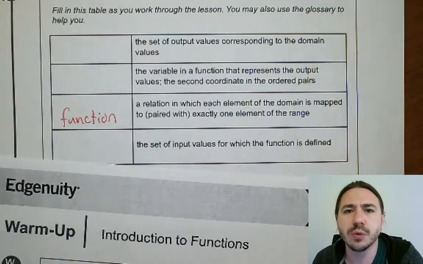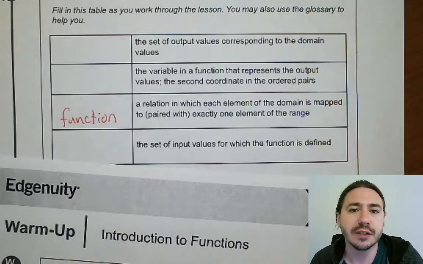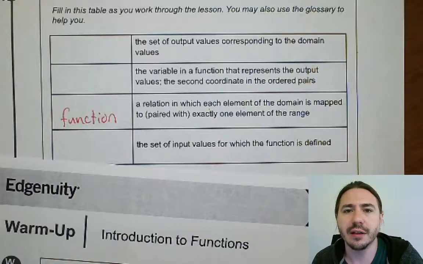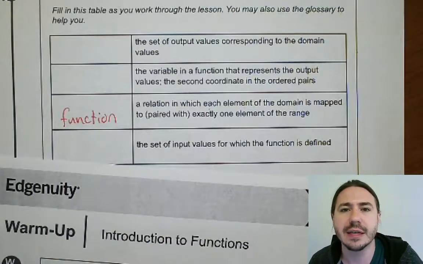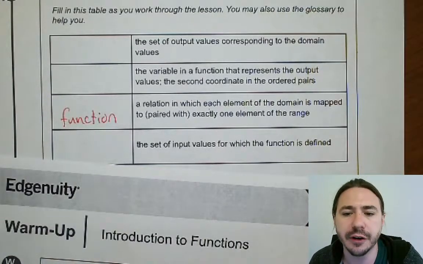So oftentimes when we write equations, our inputs are represented by the x variable and our outputs are represented by the y variable. We oftentimes will call the variable that represents the inputs the independent variable, and the variable that represents the outputs is typically known as the dependent variable.